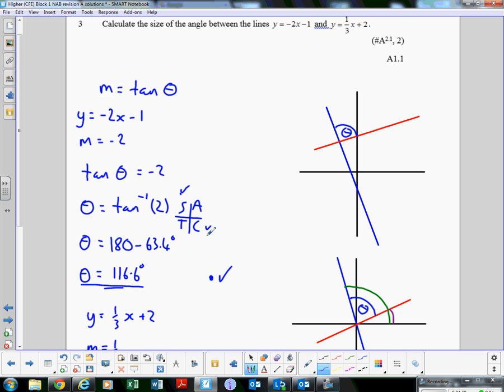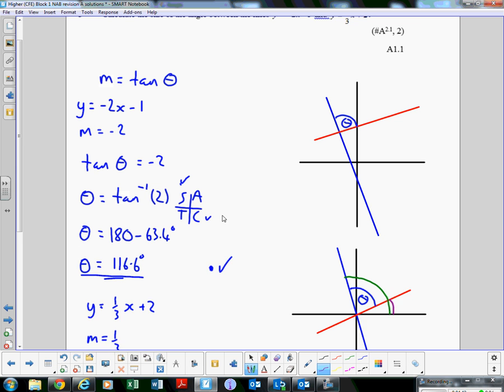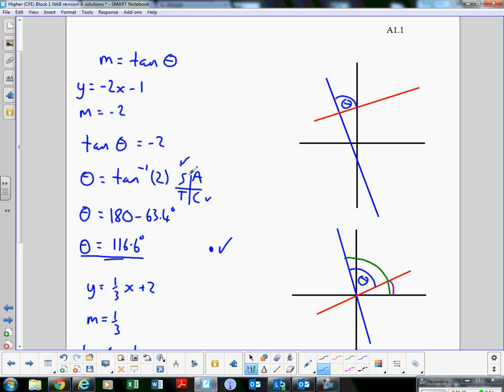But we are looking in the quadrant where tan is negative, which is the second quadrant between 90 and 180. Only sine is positive in this quadrant, so tangent is negative. So we do 180 minus 63.4 degrees, which is 116.6. So this angle here is 116.6 degrees.